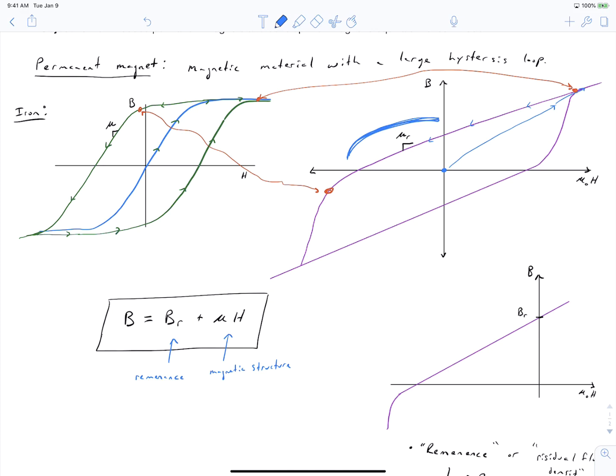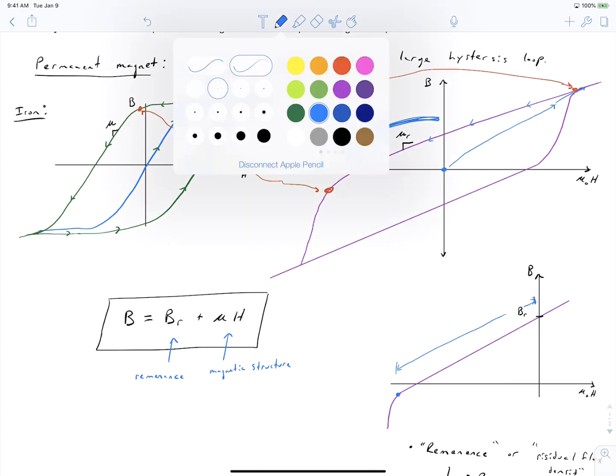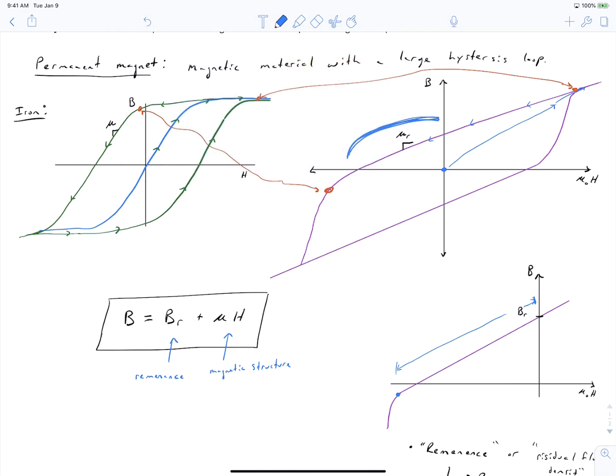And then as long as you stay above this point, so as long as you operate your magnet in this region here, you do not alter your magnetization state. That is, Br remains the same. And this point that I've identified here is called the knee of your BH curve.